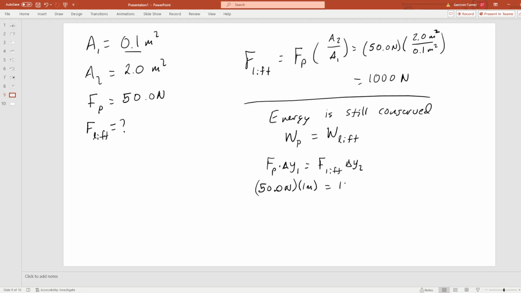And my lifting force is 1,000 newtons. And what will delta y be? Okay, so delta y2, by the way, is going to be 50 times 1, or 50 times 1 divided by 1,000.